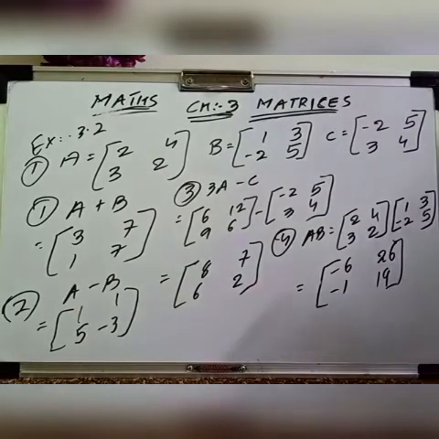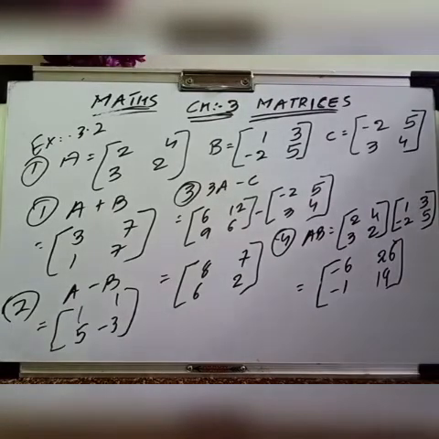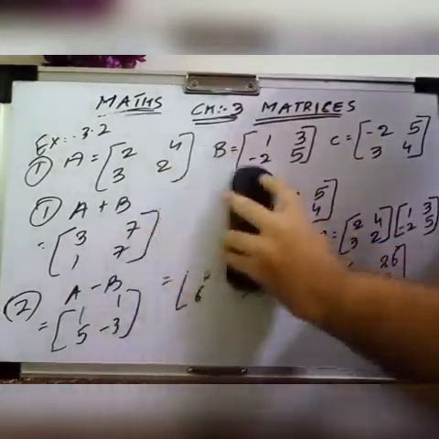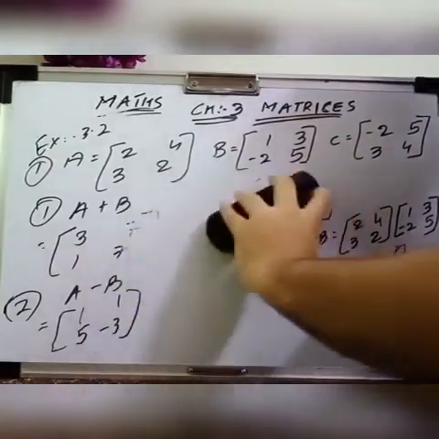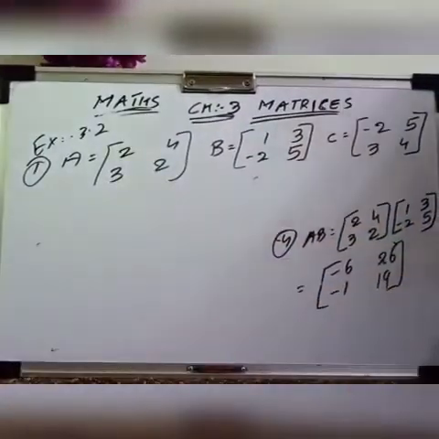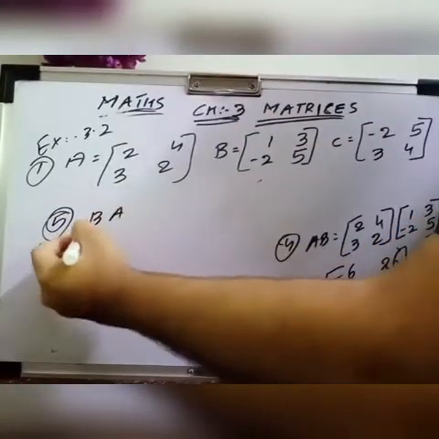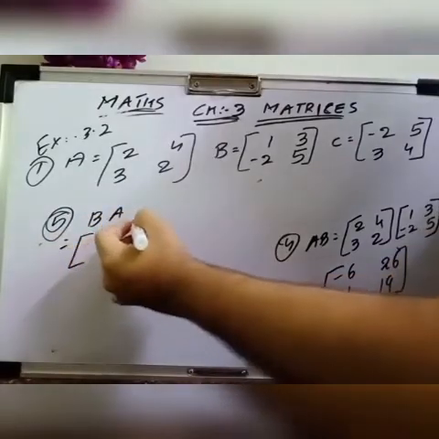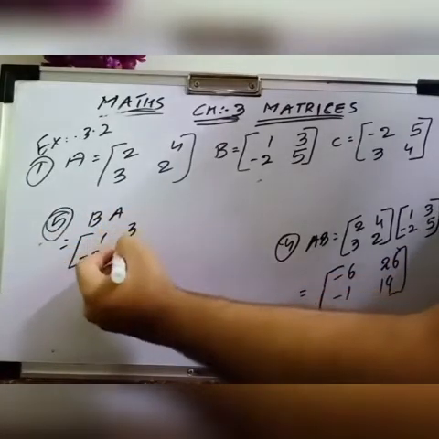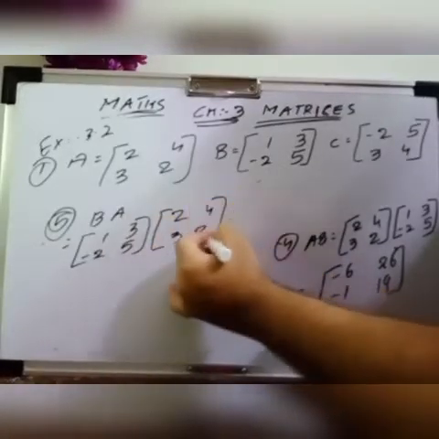Now we'll compare this answer with the fifth question, in that we are asked to find BA. So I will rub this and we'll find BA. In the fifth question we are asked to find B into A, so I will keep pre-factor as B whereas post factor as A, and we will multiply them.